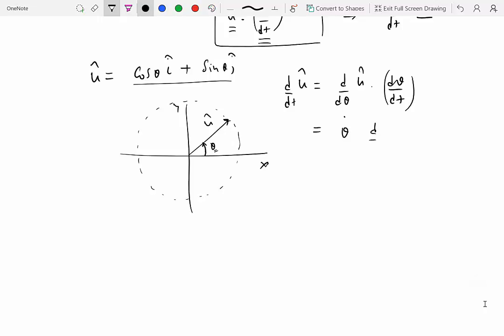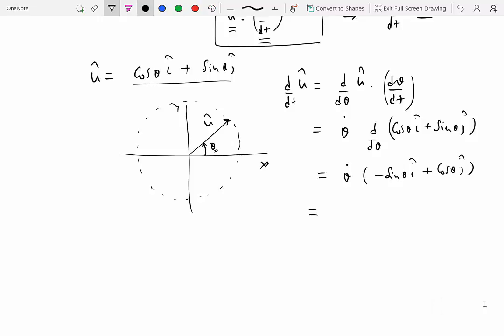And I have d over d theta of cosine theta i hat plus sine theta j hat, which is minus sine theta i hat plus cosine theta j hat. So we have theta dot over here, and we get that.